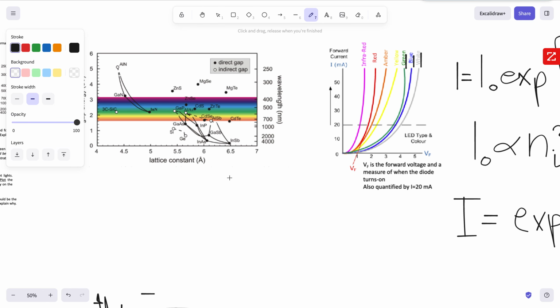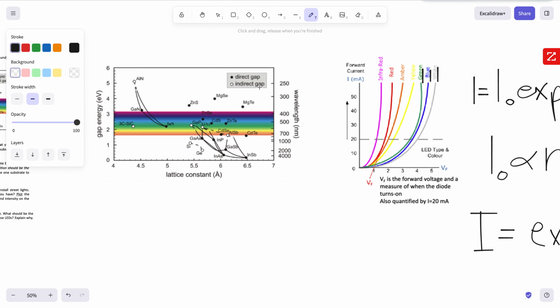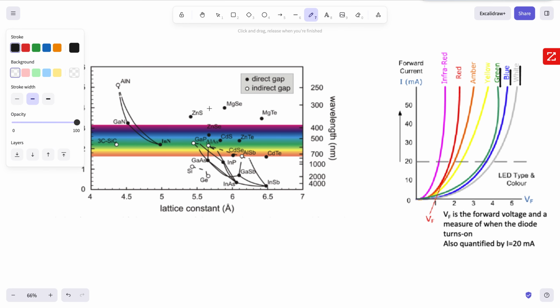And so the next thing I want to look at, in addition, is band gap engineering. As we mentioned, we need these direct band gap semiconductors to be able to create LEDs. But then we also need to make sure that the substrate we put them on has lattice matching. That is, it has the same lattice constant, so that you can actually build these LEDs on a substrate.